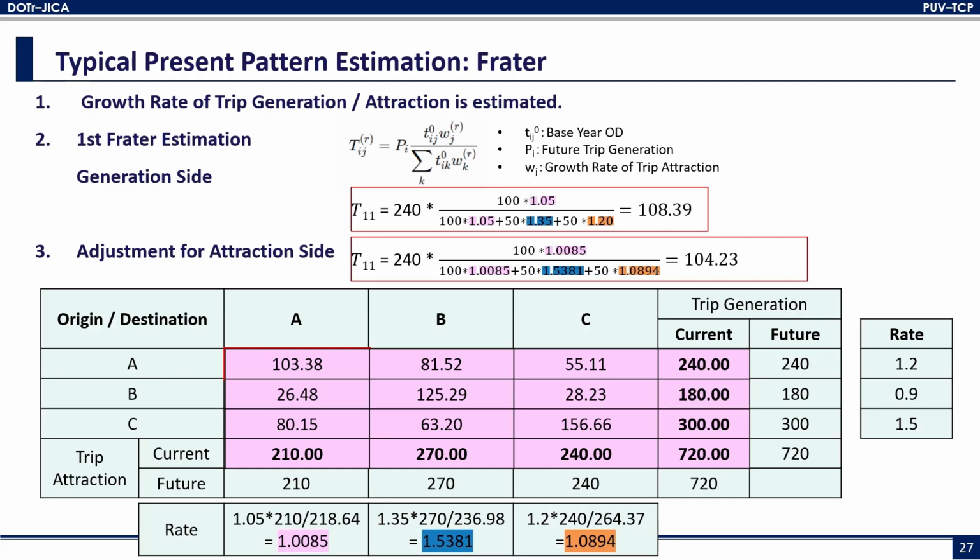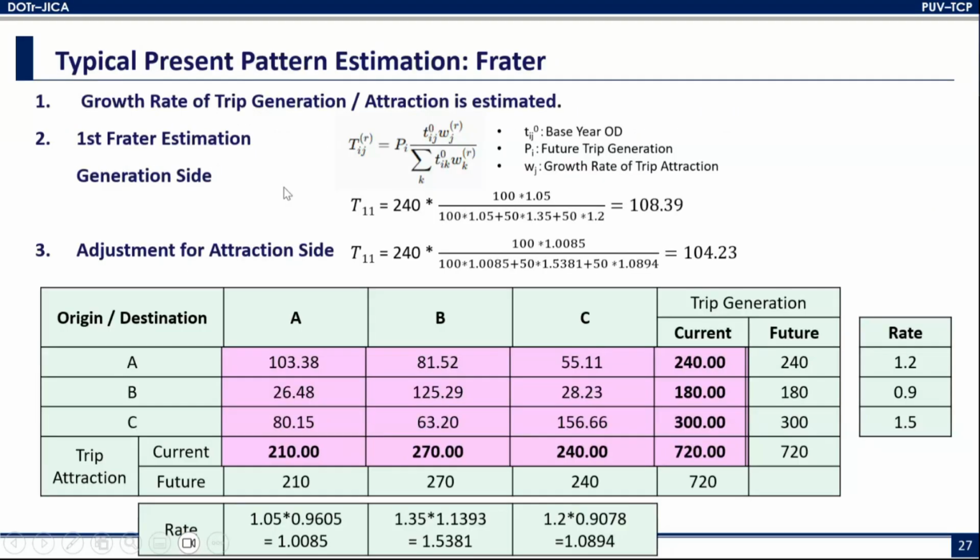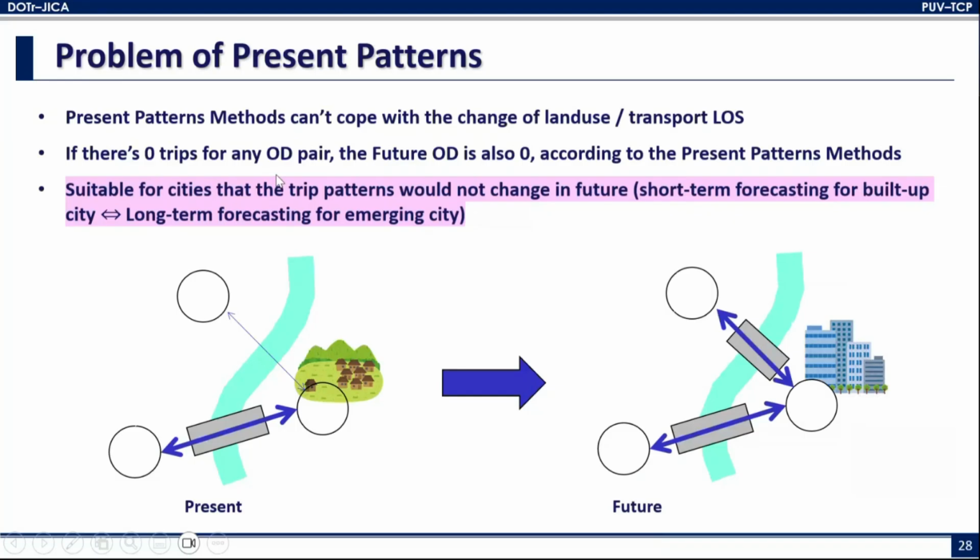And this is the Fratar estimation for the present pattern estimation of the trip distributions. Then this one is the major methodology for the trip distribution models. However, there are some problems with the present pattern methodology, and it can't cope with the change of the land use and the transport level of service.